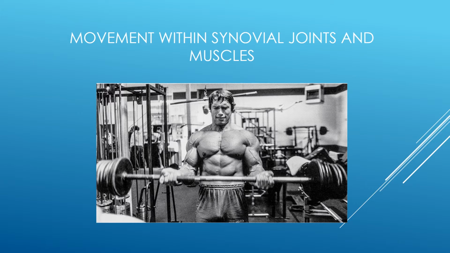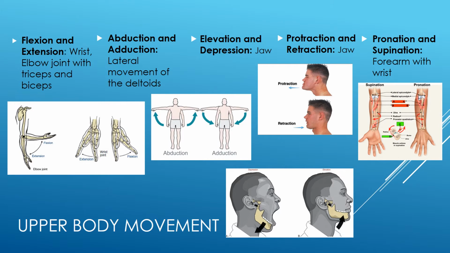Movements with synovial joints and various muscles. We have flexion and extension in the wrist and elbow joint using triceps and biceps. We have abduction and adduction with lateral movements of the deltoids.